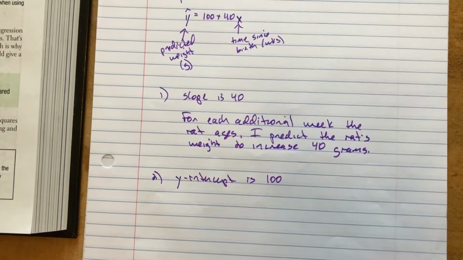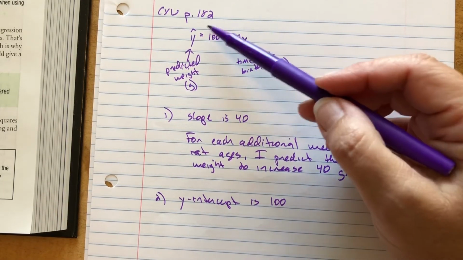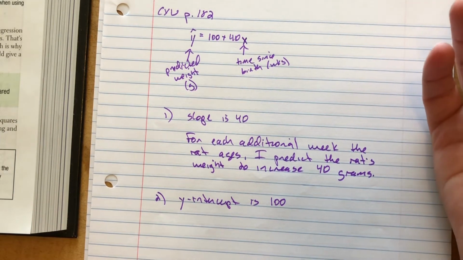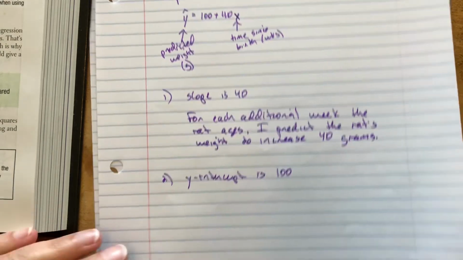So what that means is when a rat is 0 weeks old or newborn, we predict its weight to be 100 grams. I think that makes sense. Newborns have weight, okay? So we will write it down.